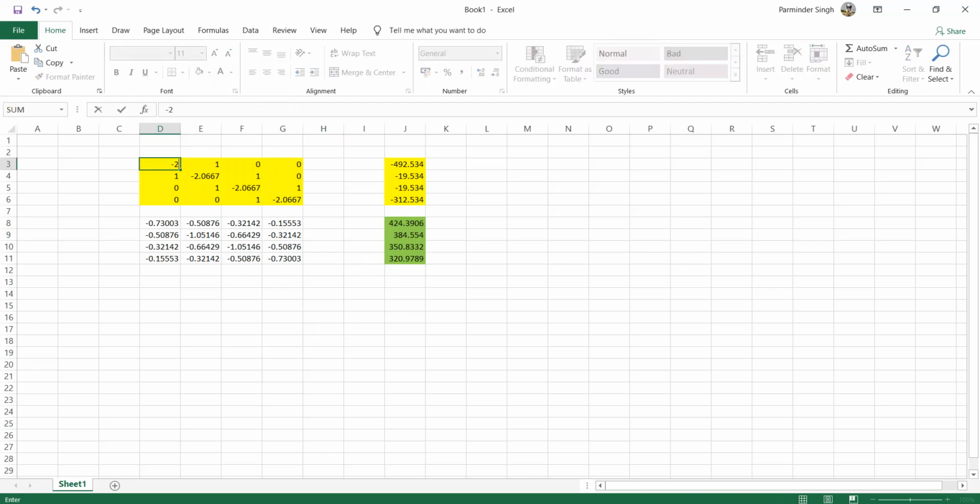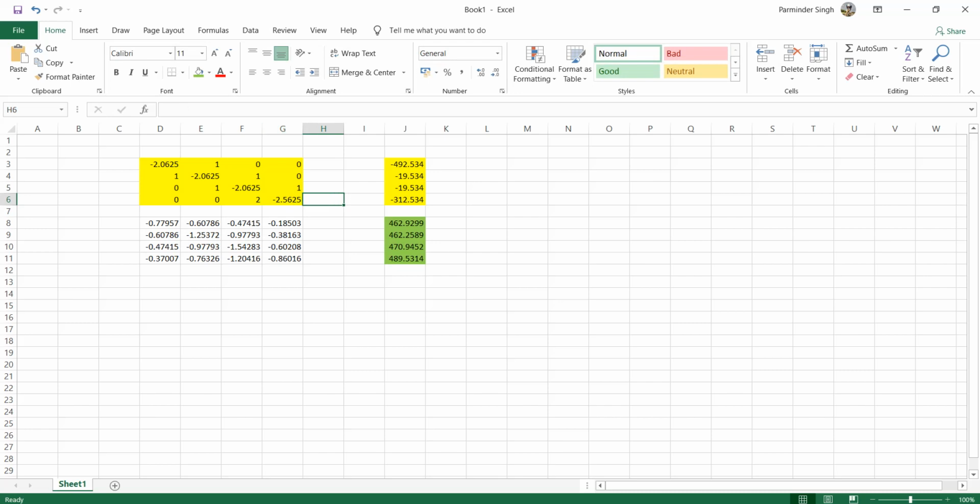So minus 2.0625, 1 is here, minus 2.0625, 2, and minus 2.5625.